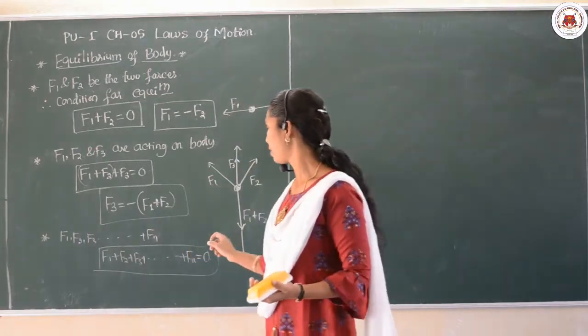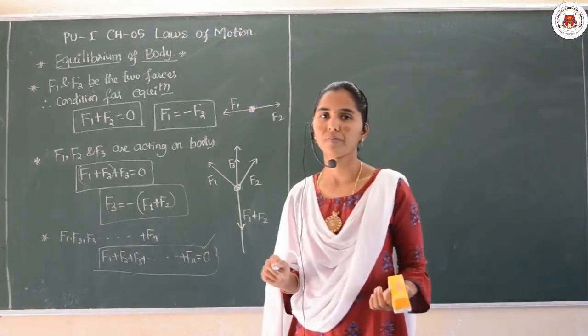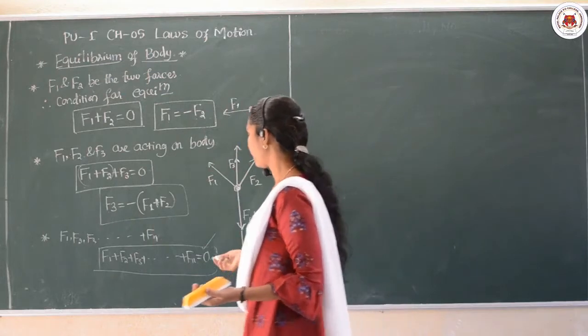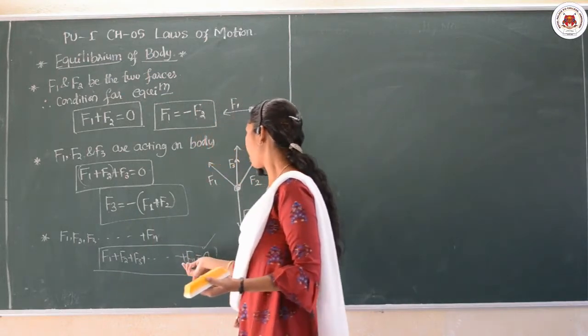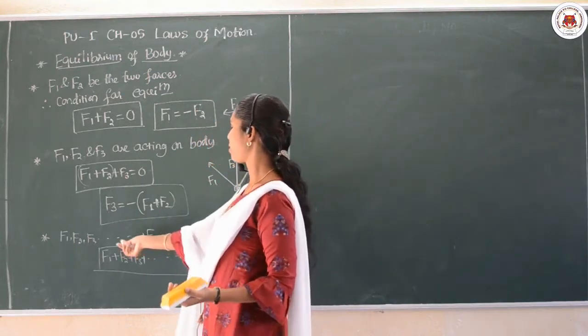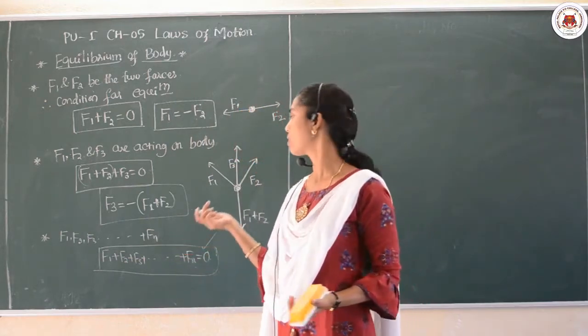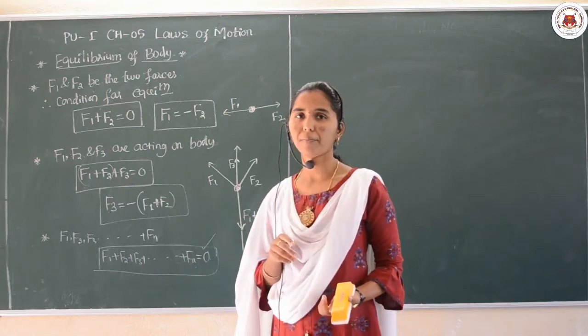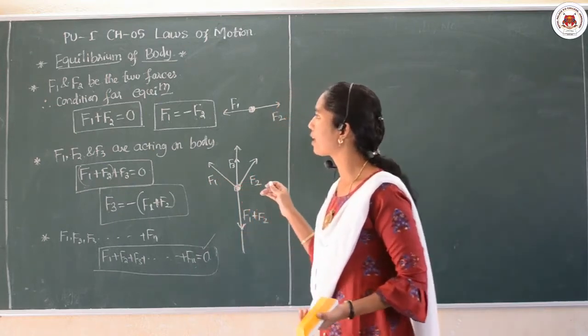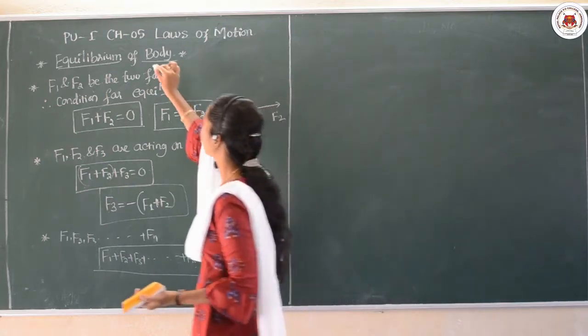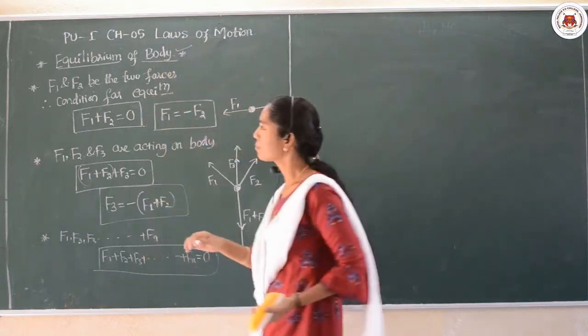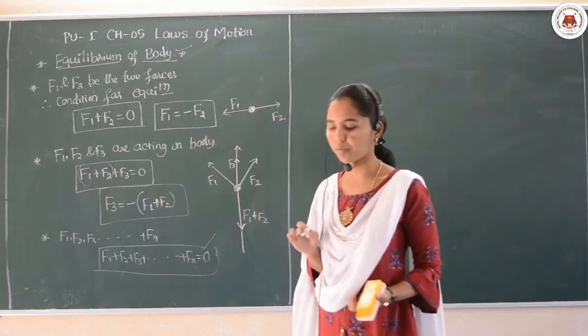That will be the condition, right? And if you want to get any one resultant force, Fn, then take the minus of the sum of all the individual concurrent forces acting on the body. Okay, so this is the point related to the equilibrium of the body. I hope the points are clear, dear students.